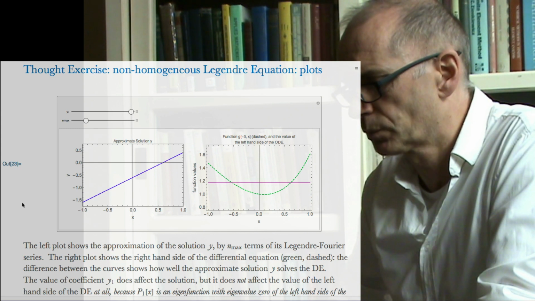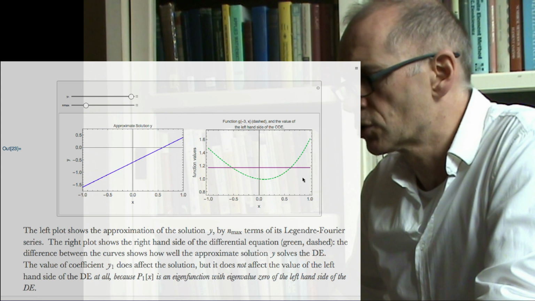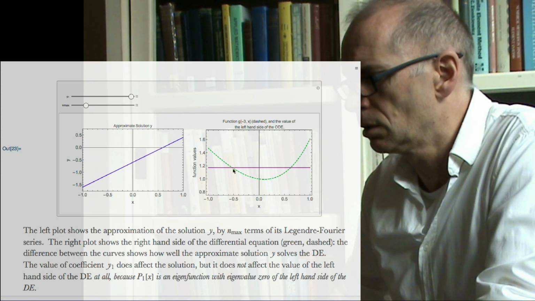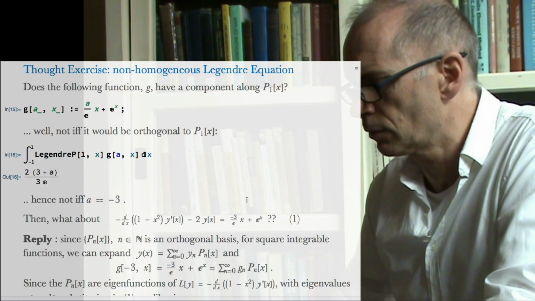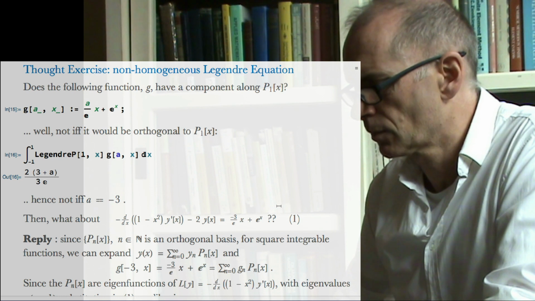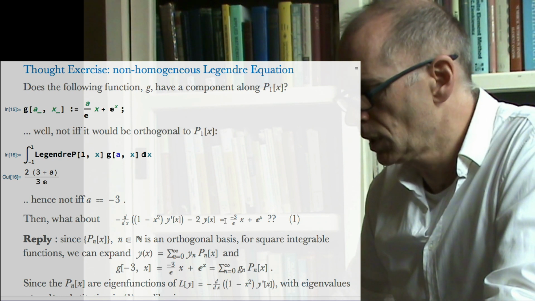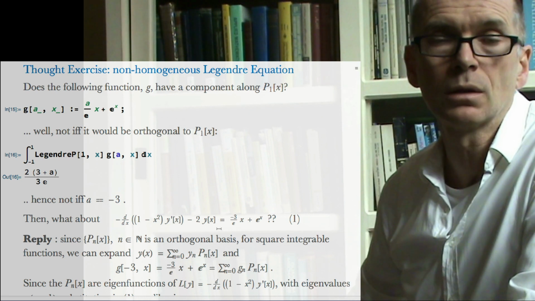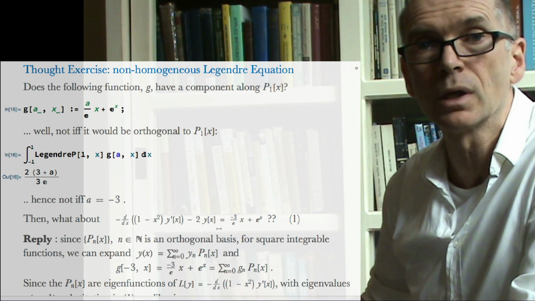So this is two plots that I have. This is the right-hand side, and the dashed curve in green dashed is the right-hand side of the equation. So that would be a graph of this function. And having a solution for y would mean that if you substitute that solution of y in the left-hand side, what you get out of that, if you evaluate it, is equal to the right-hand side.